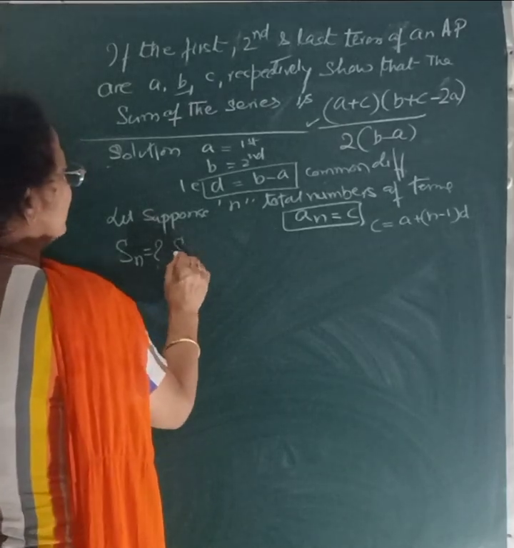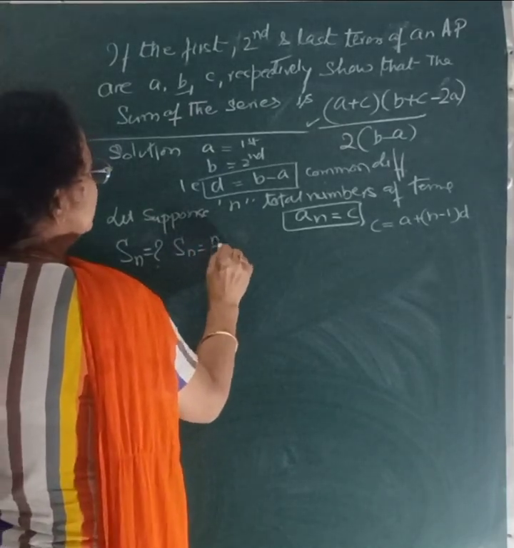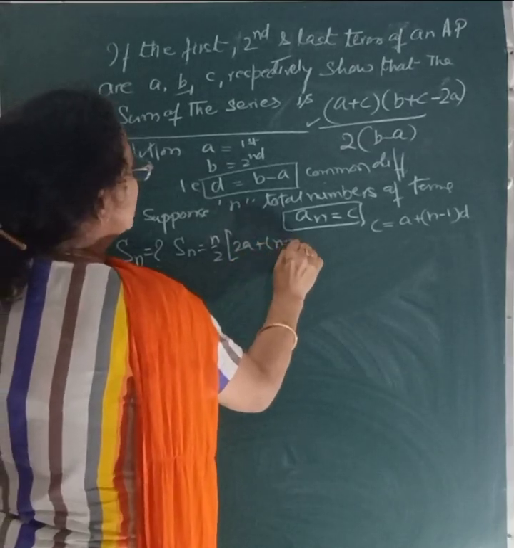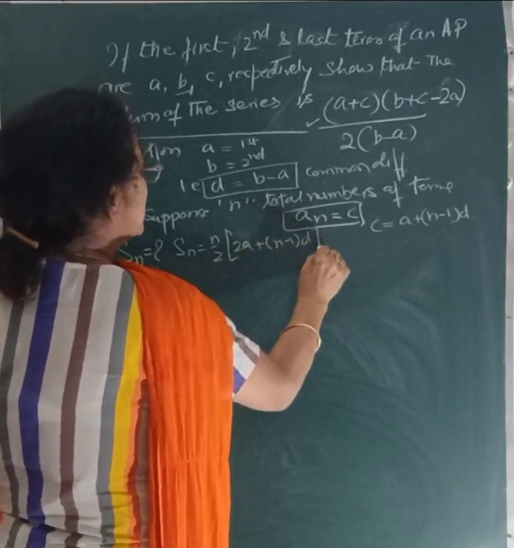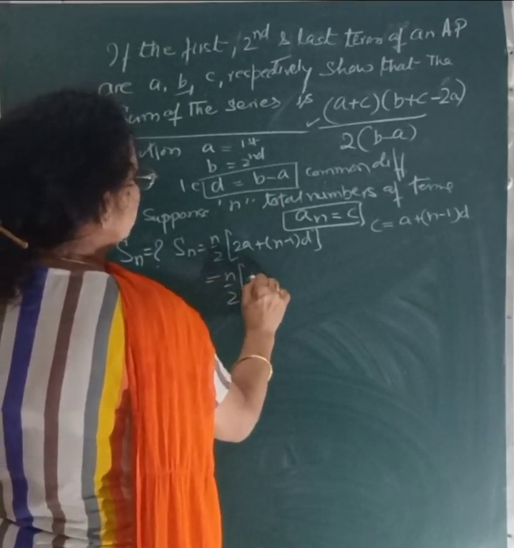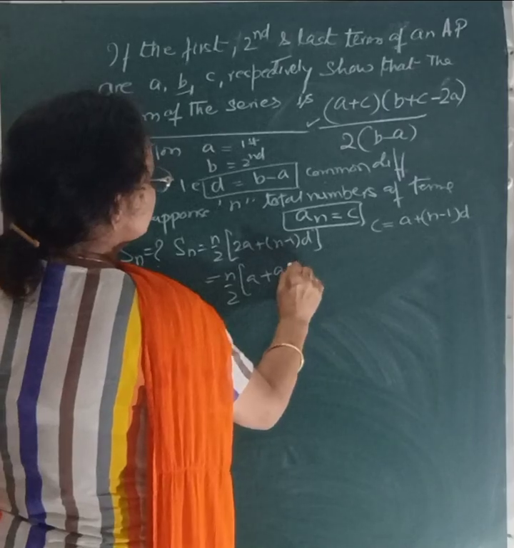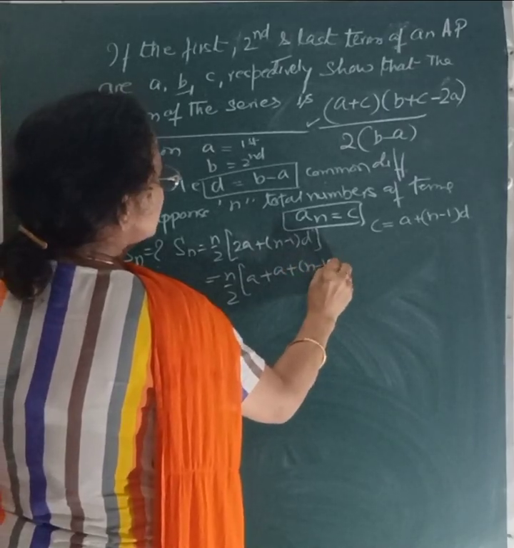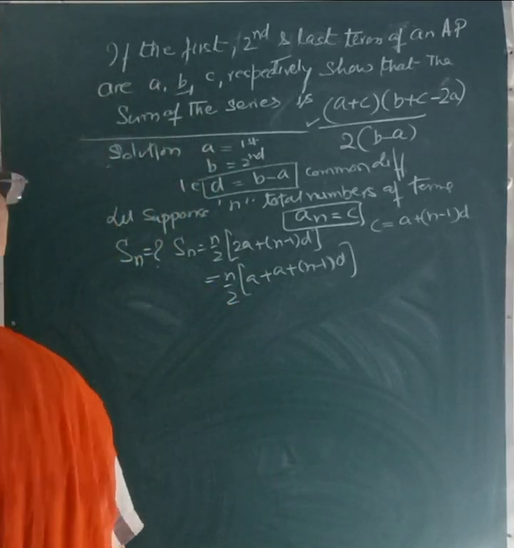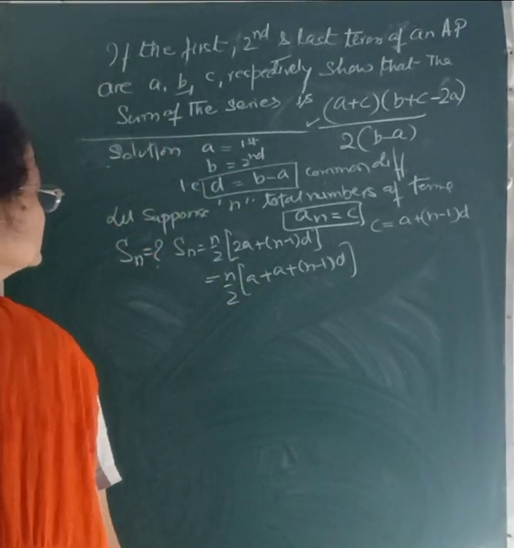Generally the formula of S_n is n by 2 into 2a plus (n minus 1) into d, and it can be written as n by 2 into (a plus (n minus 1) into d).